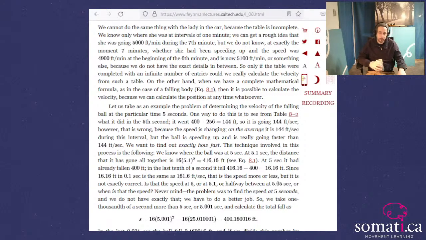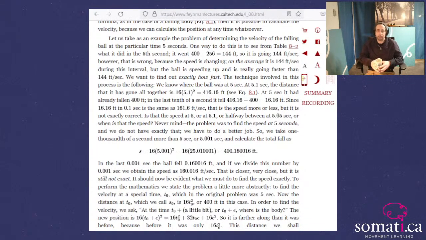All right, so this next section I think is the kind of thing that I didn't work through carefully enough the first time I did this. I'm gonna try to digest this properly.